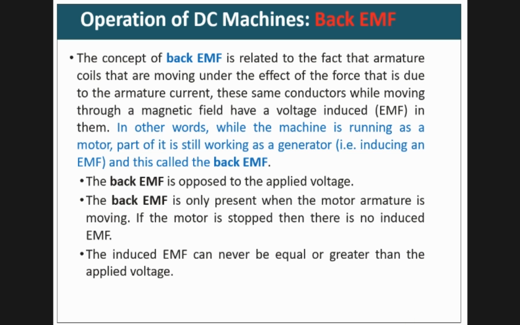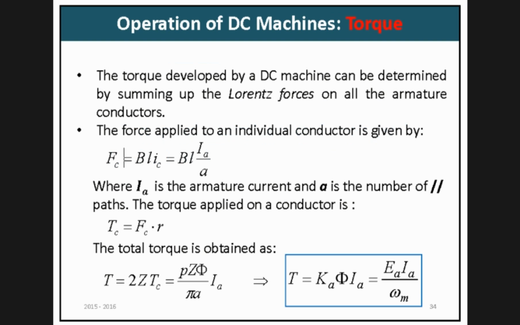Then if you move on to the next slide, it is talking about the torque that is generated by the motor. The torque developed by a DC machine can be determined by summing up the Lorentz forces on all the armature conductors. So the force applied to an individual conductor, we know it is BIL, where I is the current in a single conductor.